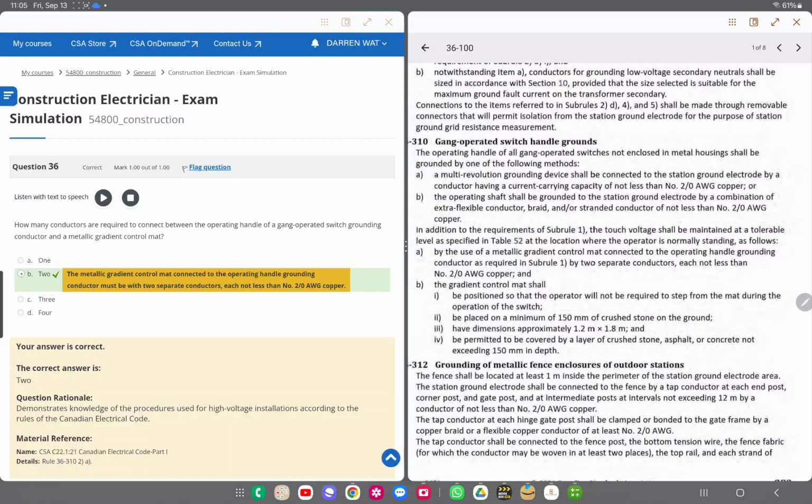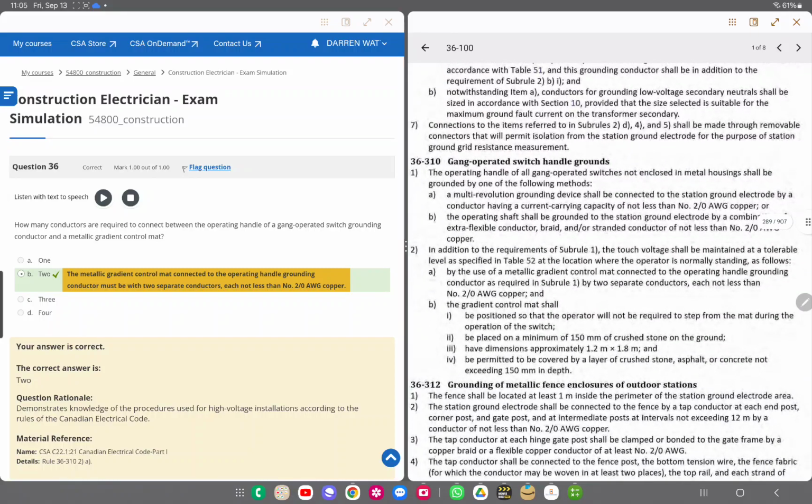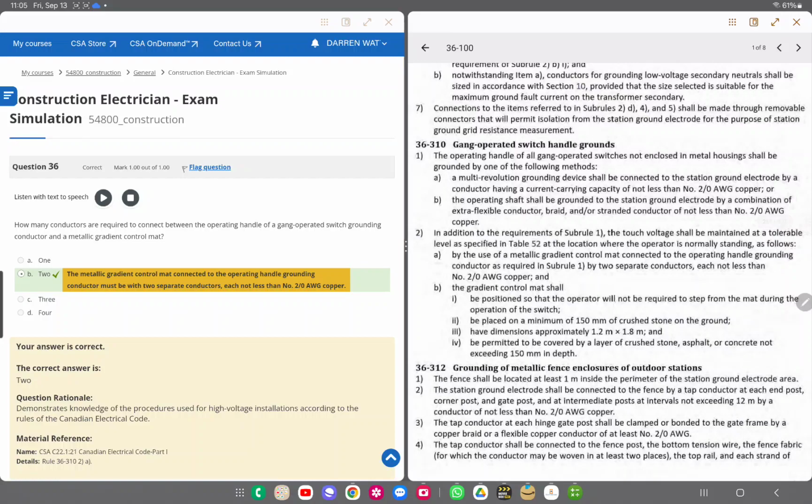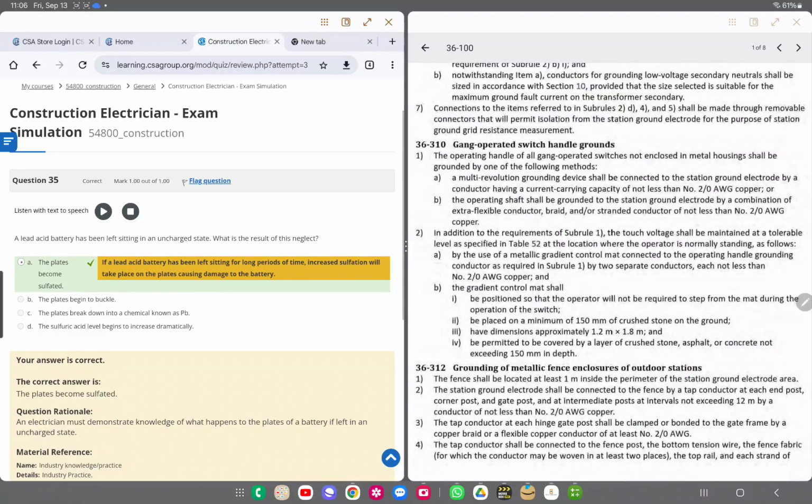As we read along, we see: by the use of a metallic gradient control mat connected to the operating handle grounding conductor as required in subrule 1, by two separate conductors, each not less than number 2 gauge copper. Okay, so that was 36-310 2A.